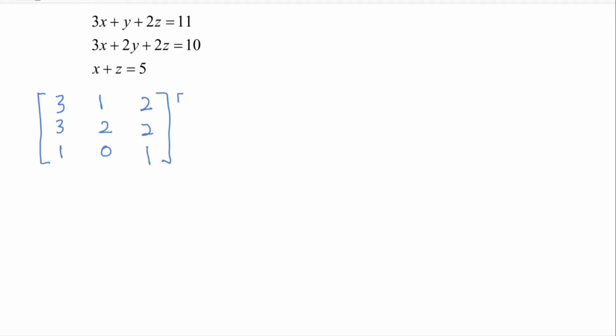And then x, y, z. The matrix B will be 11, 10, and 5.